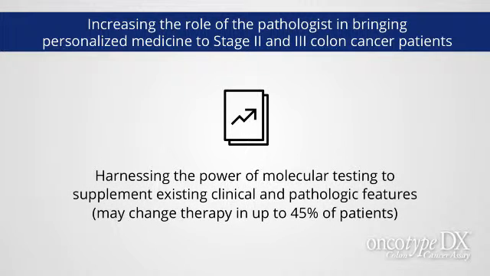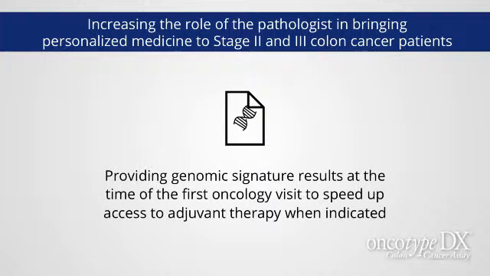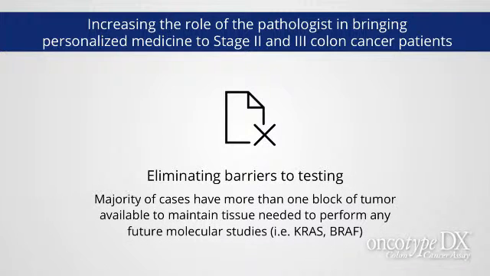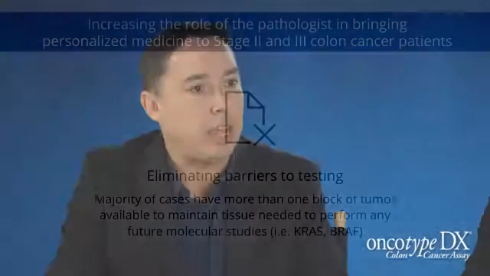And if there is an MMR proficient stage 2 T3 patient, those we will send out to have the Oncotype DX assay performed. Although the pathology report will be issued at the time that we look at the cancer resection, within about 10 days you'll have the result of the Oncotype DX assay to pair together, and the surgeon can use that for educational purposes as well with their patients, and then go on to the medical oncologist to decide how they're going to treat that patient.